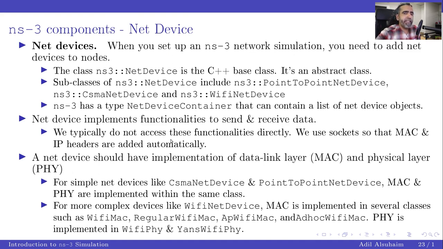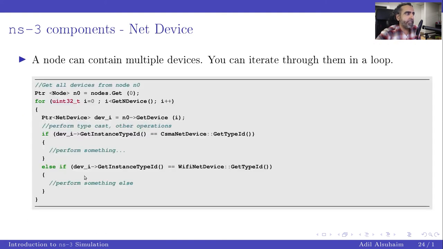So I think I explained that net device is an abstract class, and you have examples like point-to-point net device, CSMA net device, or Wi-Fi net device. You can also have a net device container, which contains multiple net devices. All right? And I talked about this when I described the diagram. Just for completeness, I have it here. You can iterate through the devices of a node by first getting a pointer to a node somehow, maybe from a node container, and then GetNDevices.